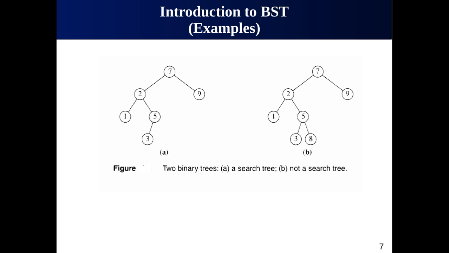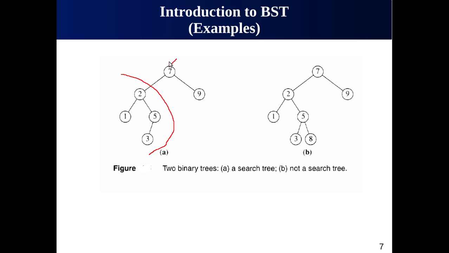The binary search tree actually satisfies the search order property. What does it mean? It means that for every node X in the tree, the values of all the keys in the left subtree are smaller, as in this case, all the keys on the left hand side are smaller.